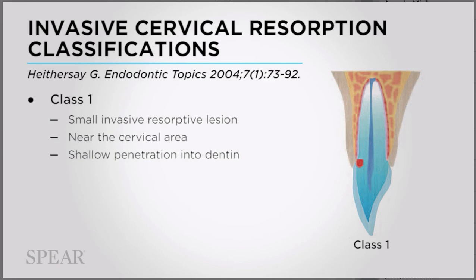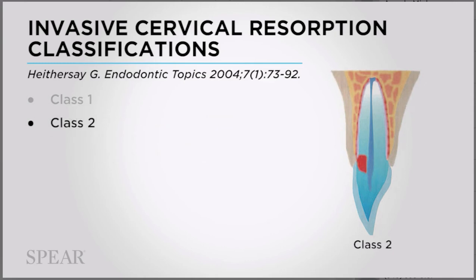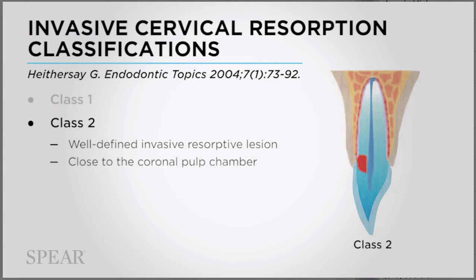As we progress with more resorption, this is a class 2 defect from Heithersay, where we have a well-defined invasive resorption lesion very close to the pulp chamber, extending a little bit more coronally and apically with a little more extension into the radicular dentin. So it's a little bit worse than a class 1.